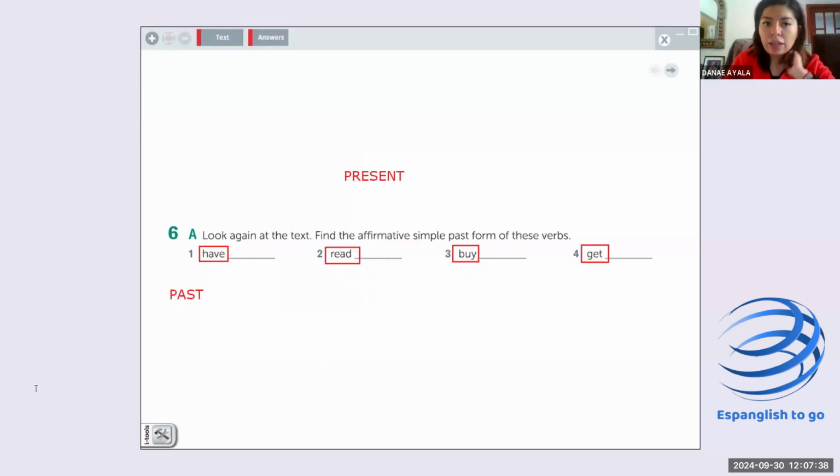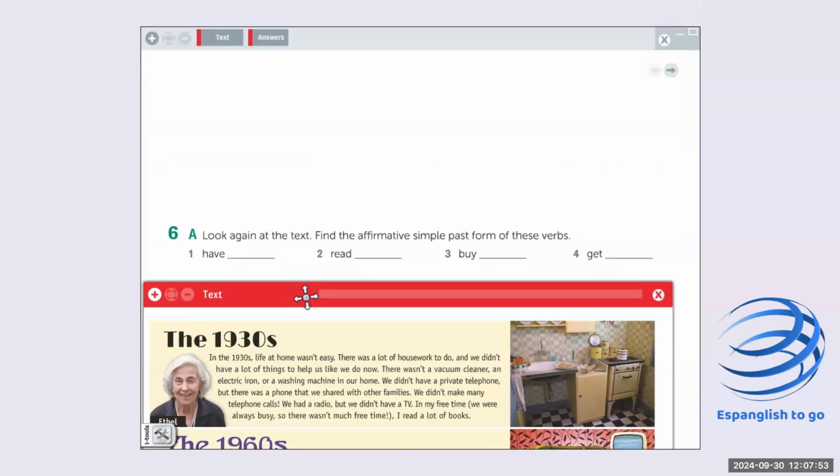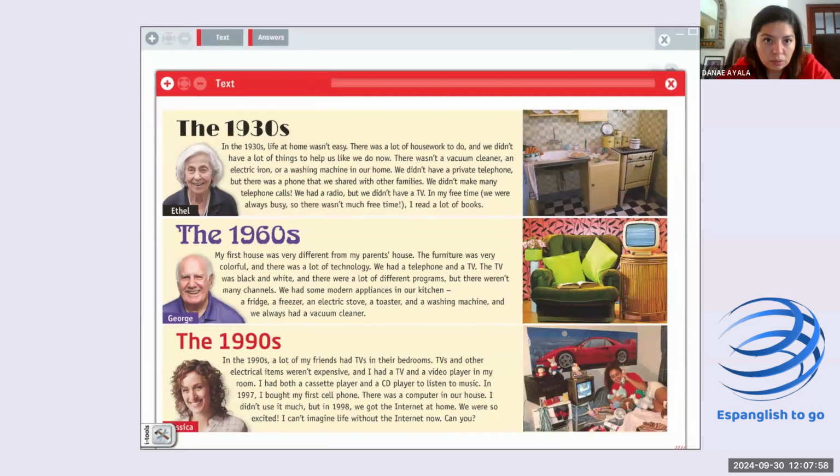Let's look for the past form of these verbs in the text. So this is the text. The first verb we have is have. Let's put the past form of have in the text.